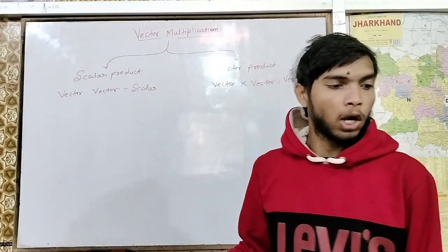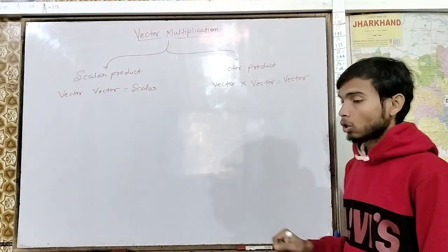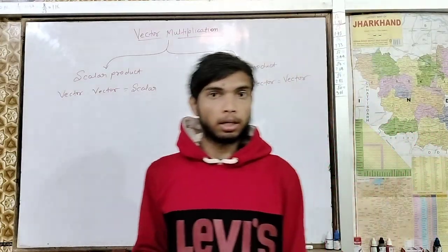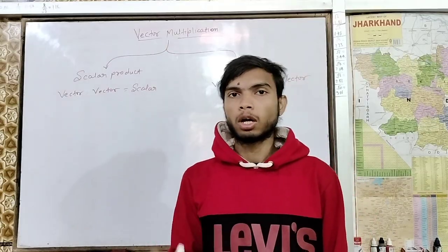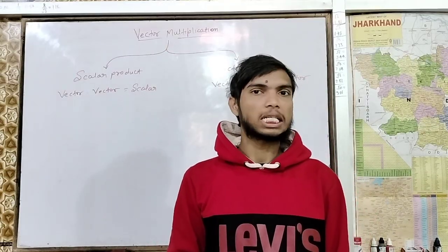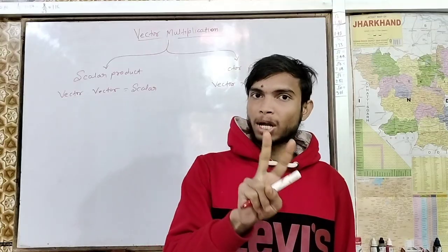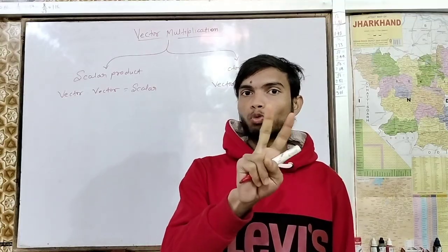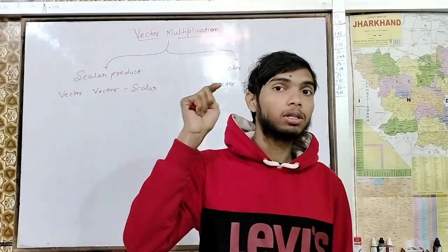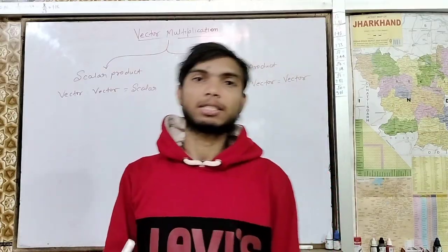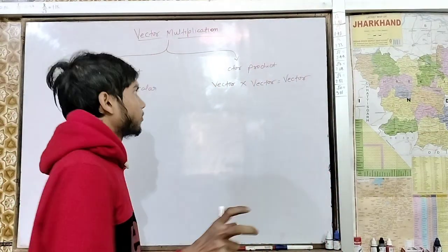On the other side, we are also taking two vectors, but in this case, after multiplying two vectors, we get a vector again. This is known as a vector product.